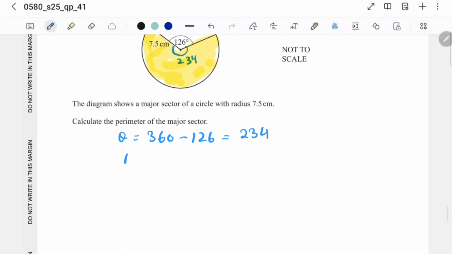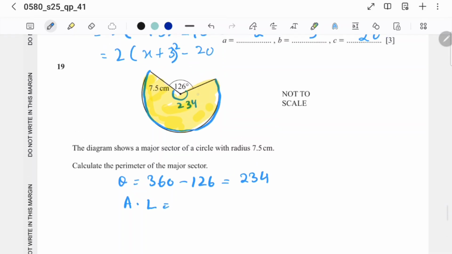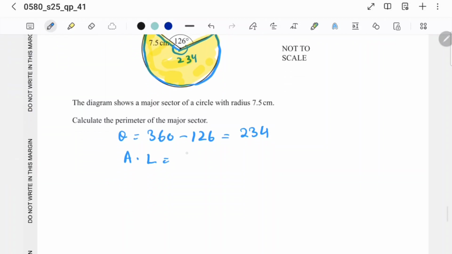So we need the arc length and 2 times the radius. This arc length we are going to find out, and then we add these two as well, because they are all the boundary lines of the major sector. So arc length is equal to theta over 360 degrees into 2 into pi into r, where r is 7.5, which is equal to 39 upon 4 pi.